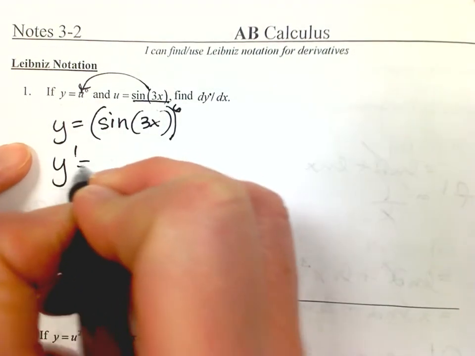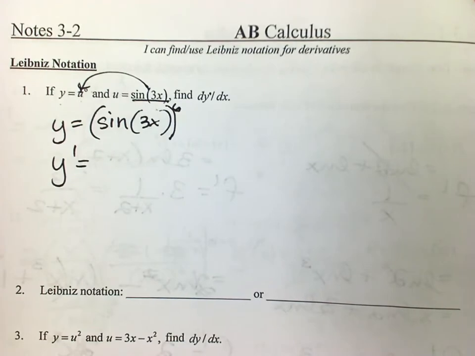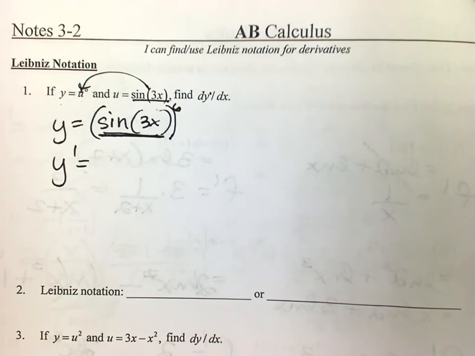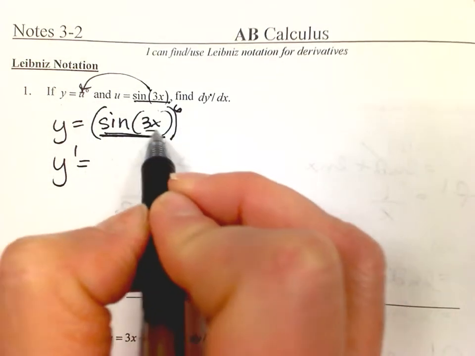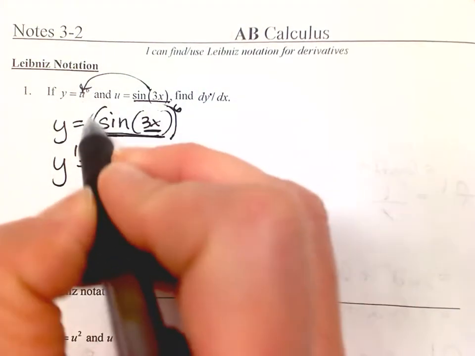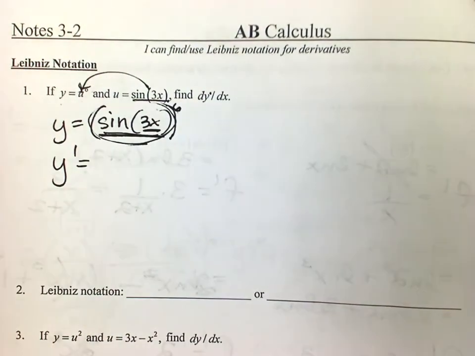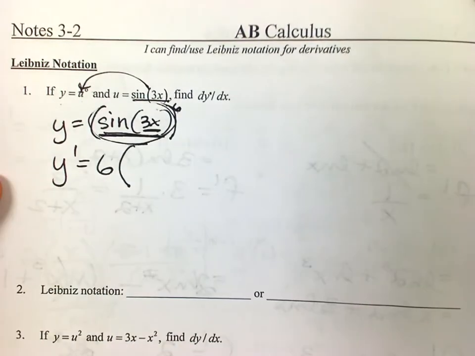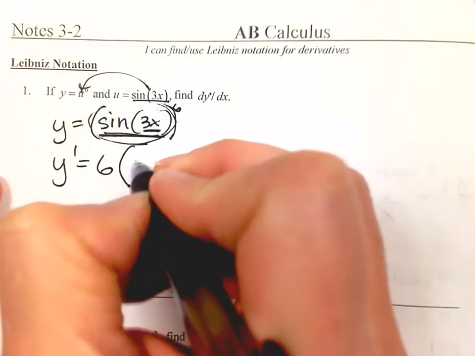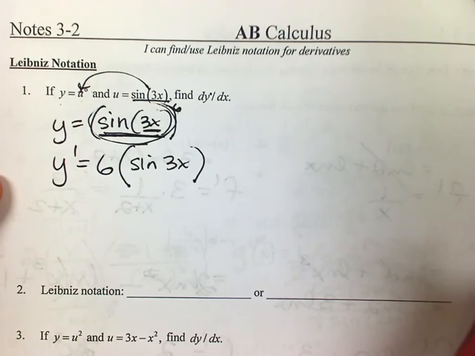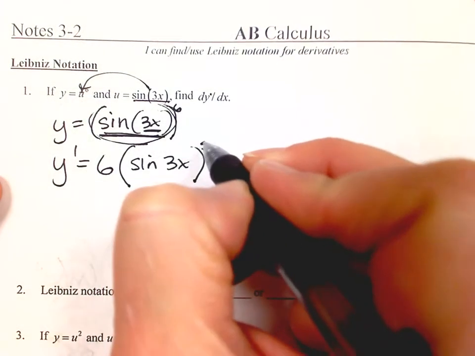So from yesterday, we would say this: y prime equals, the inside function is the sine of 3x. It has a function nested inside that, 3x, but the outside function is x to the 6th. So our derivative will look like 6 times, because I'm going to bring that 6 down, I'm going to keep the inside of the sine of 3x, and we're going to drop that power down to 5.